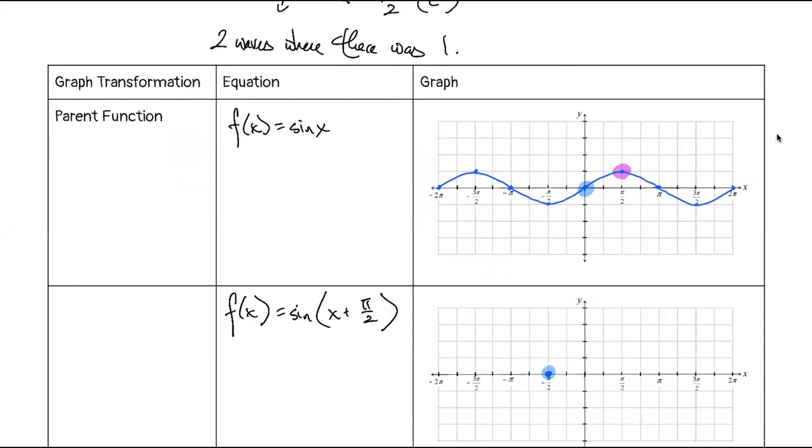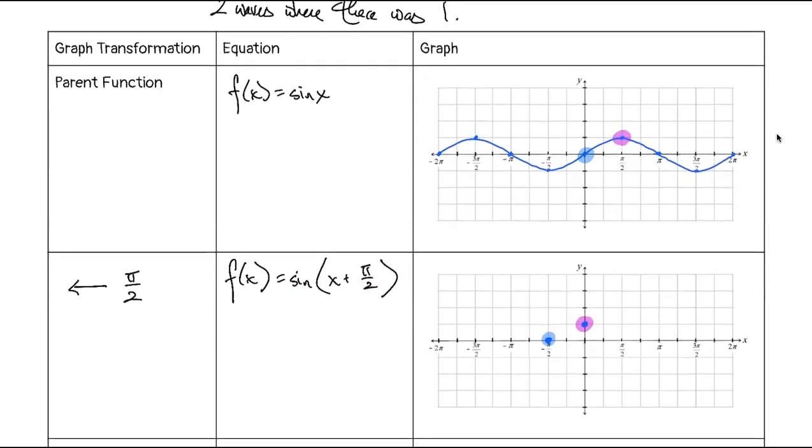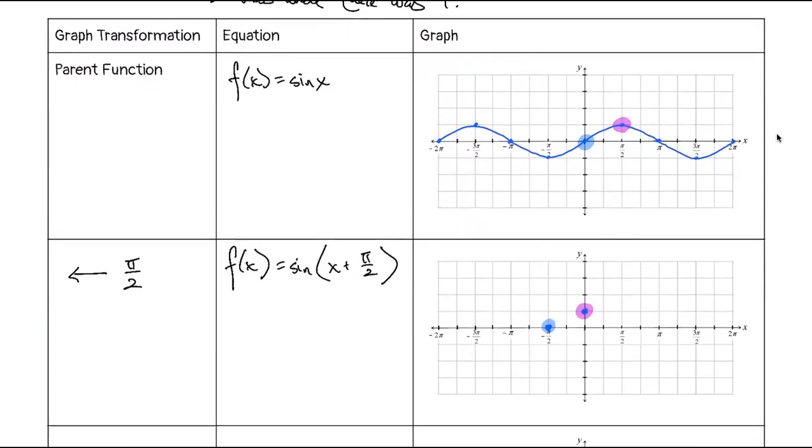And if we shift that purple point, it's going to become over here. We're just sliding everything over to the left, pi over 2. And then we form the rest of the graph around this. After the purple point, what should the y value of the next point be, the next nice point?